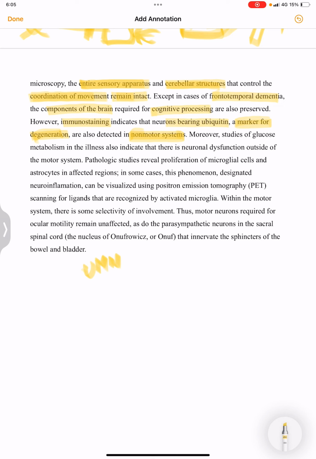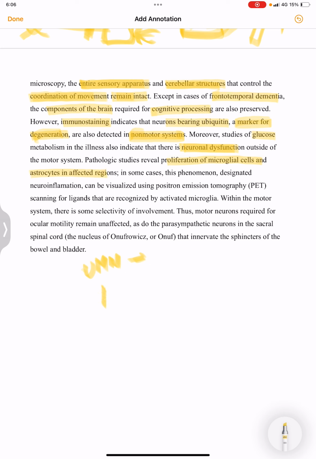And if you do a study of glucose metabolism in this illness, there is neuronal dysfunction outside of the motor system. Pathological studies show proliferation of microglial cells and astrocytes in the affected region.